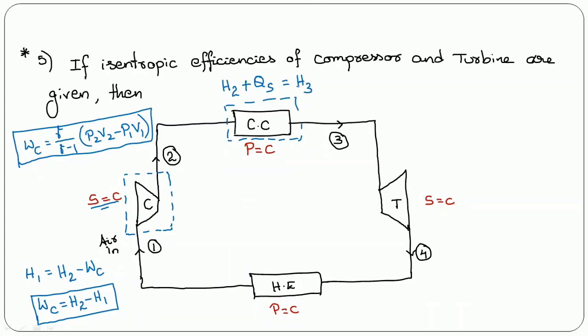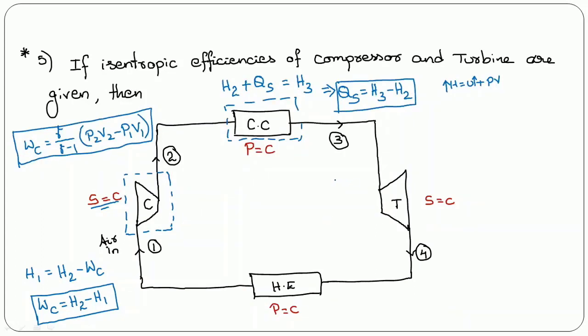As the temperature increases, internal energy increases, and we know that H is equal to U plus PV. As the internal energy increases, enthalpy also increases, even though pressure is kept constant. So from this we can write the amount of heat supplied QS is equal to H3 minus H2. So this is the heat supplied formula.